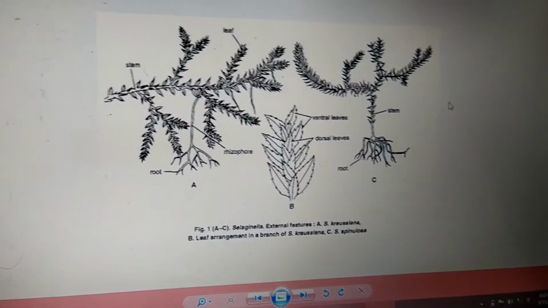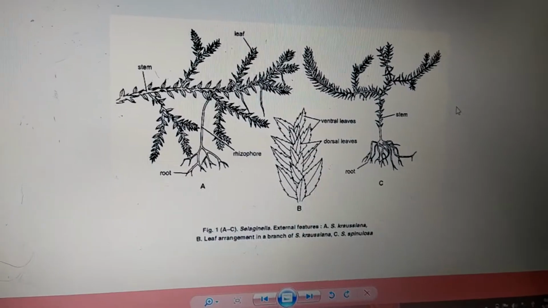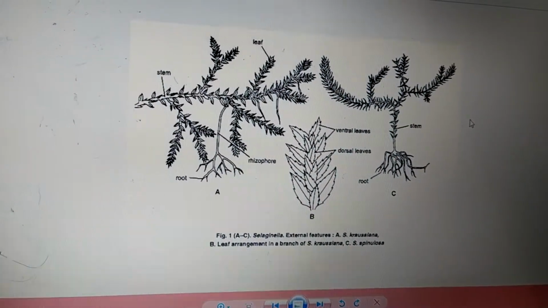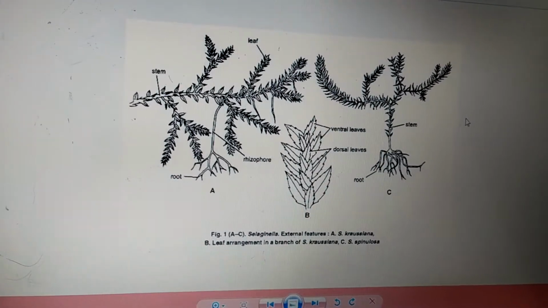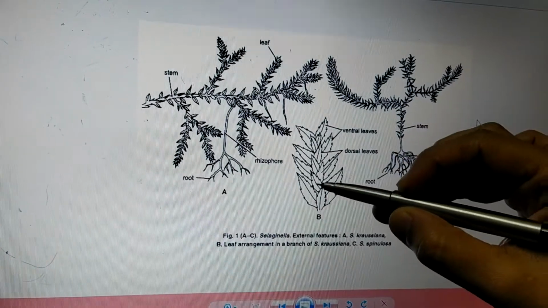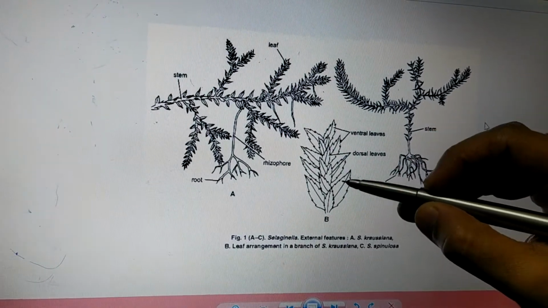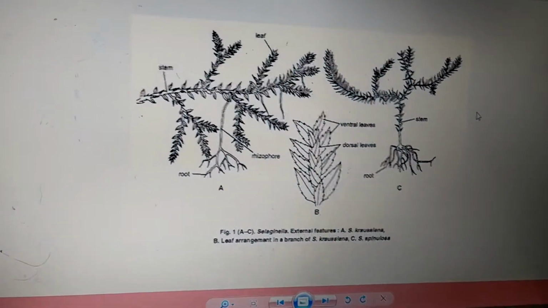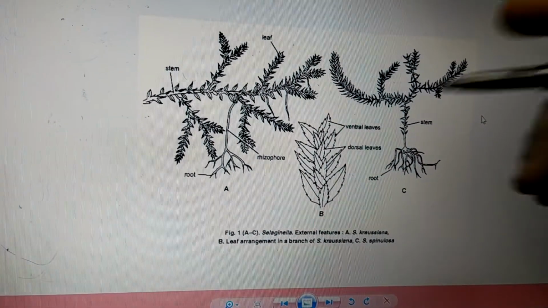In case of subgenus Heterophyllum, the leaves are dimorphic. Dimorphic in the sense two types of leaves are there of two different sizes, small as well as big ones. These are the small leaves in the center. These are broad or large leaves. Small leaves are present on the dorsal surface of the stem.